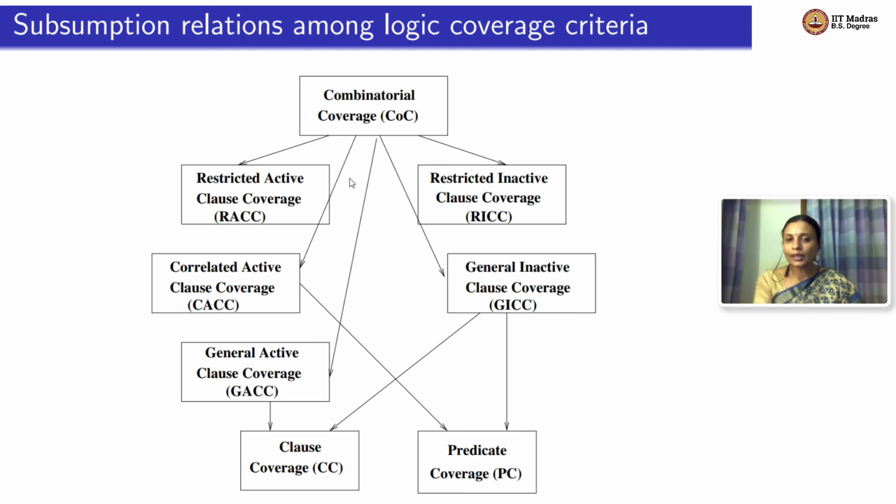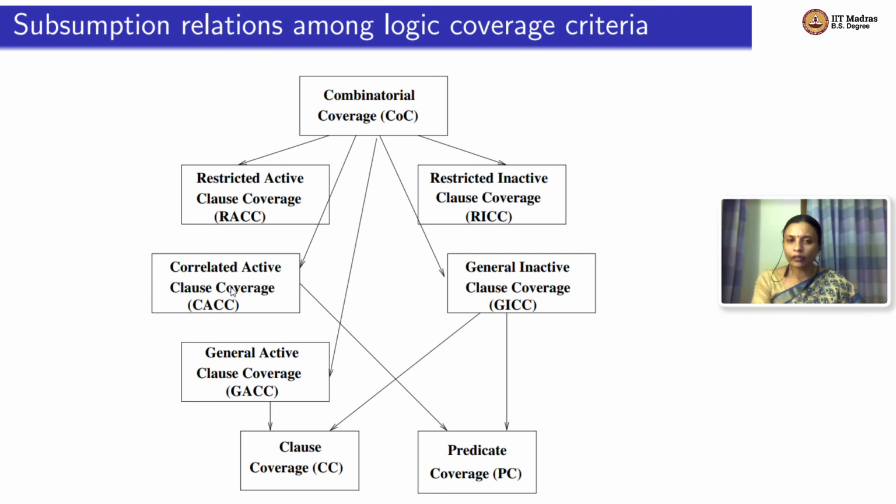So this is the summary slide of all the logical coverage criteria that we have seen, and read these arrows that connect these various boxes representing the coverage criteria as saying which one subsumes another one. Clause and predicate don't subsume each other, so there are no arrows. General active clause coverage subsumes clause coverage, so there is an arrow.